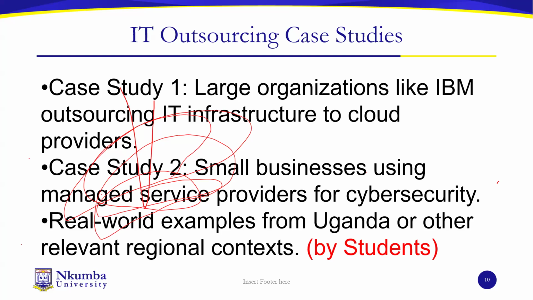In most of these small businesses, they don't have enough money to pay cybersecurity experts as staff. These are very expensive people. Some of you are studying cybersecurity. Very soon you're going to earn a lot of money and you'll be very expensive people. Some of these small businesses cannot afford you, but they can outsource you when they get issues, you help them out, and then you go.